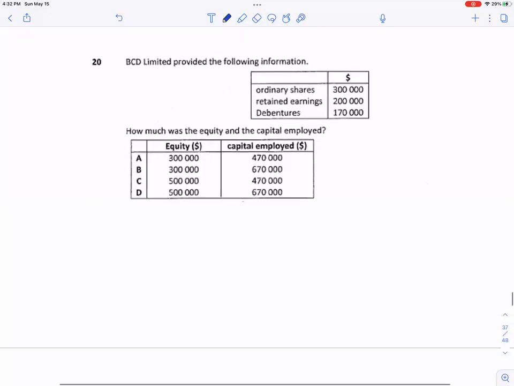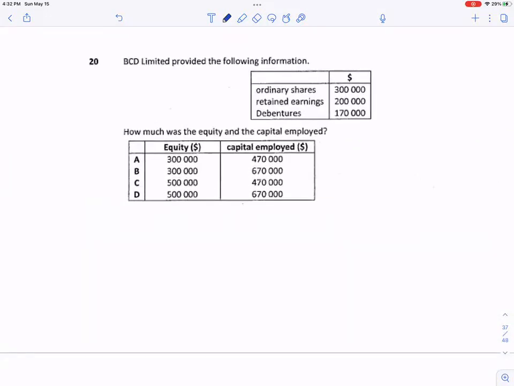Question 20. How much was equity and how much was capital employed? Do you know the formula for capital employed? Capital plus non-current liability.